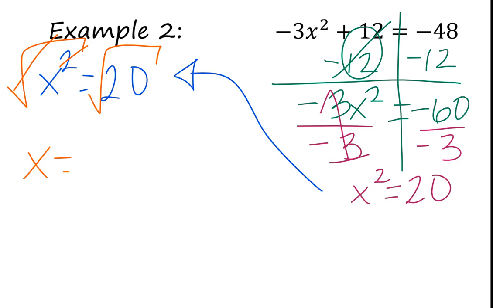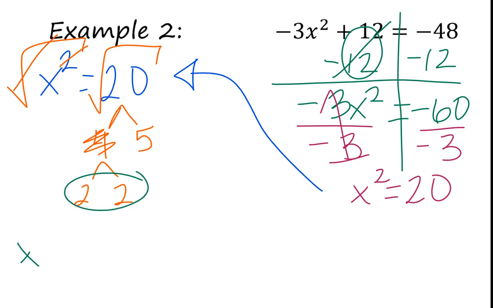I know the square root and squared cancel, so I have x is equal to, there's no two numbers that are the exact same that will multiply to give me 20. However, I can break down 20. 20 is just 4 times 5. And then I can break down 4 further into 2 times 2. So I can scratch 4 off. I see that I have a pair of 2s.